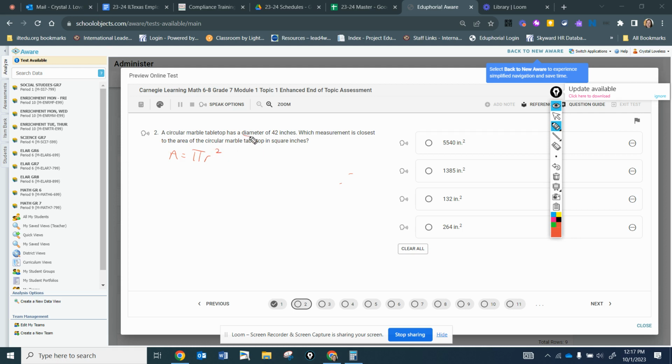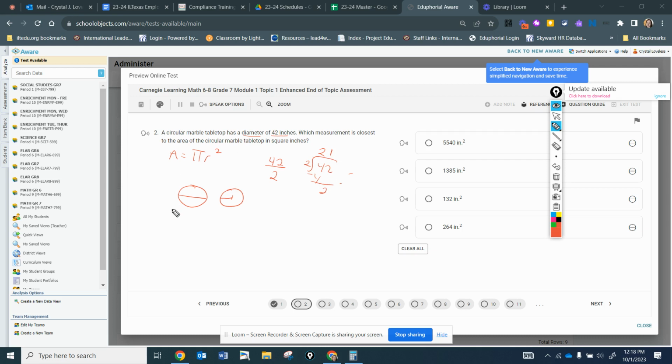But it's given us the diameter, not the radius, so we have to turn that 42 into radius. And remember, diameter goes all the way across, radius goes halfway across. So since we're doing half of that, then we do half of 42. 42 divided by 2. That'll go in there 2 times. Minus 4, 2, 1. 21.